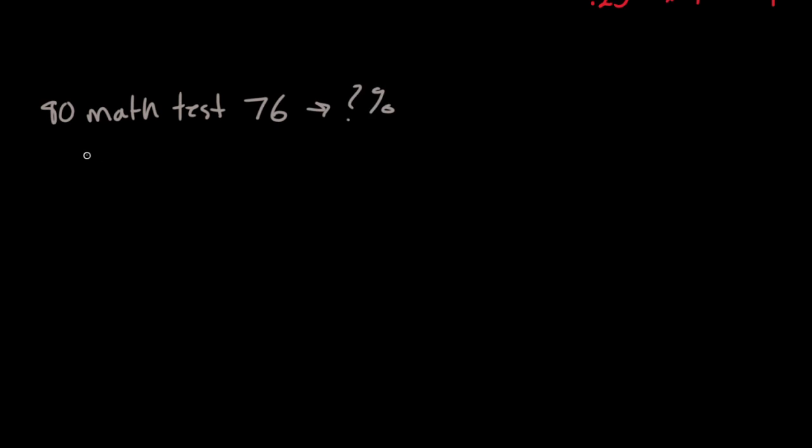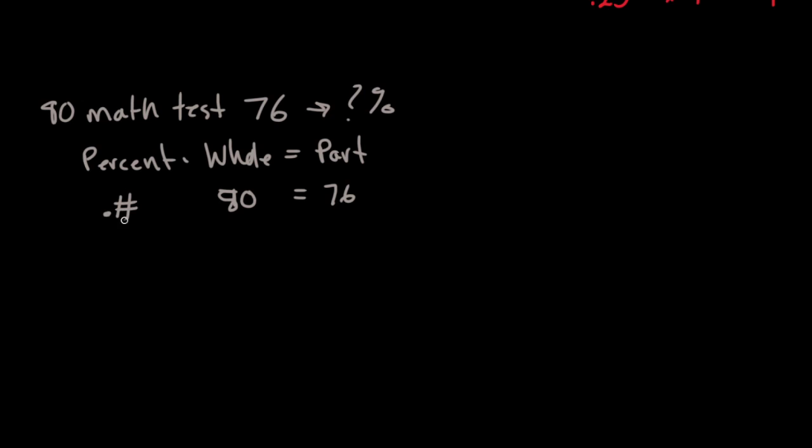Well, you can start by once again writing the equation percent times the whole equals the part. I don't know what the percentage is, but I know what the whole is. That's 80. And the part is 76. So there's some number multiplied by 80 to equal 76.